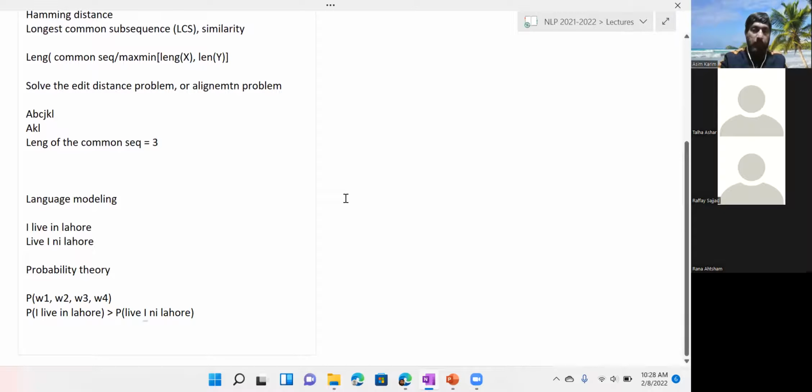And once we are able to assign probabilities, we can do a lot of things. So in this particular example, you can easily find out that the first sequence of words is correct and the second sequence of words is incorrect in the English language, because its probability is higher than the second. And then of course, you can do various things.